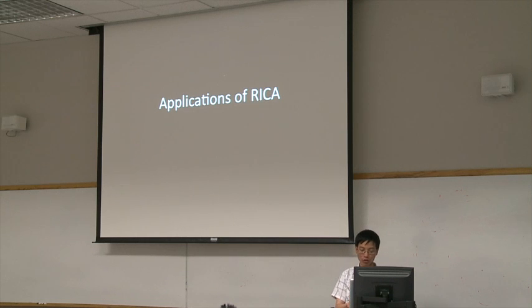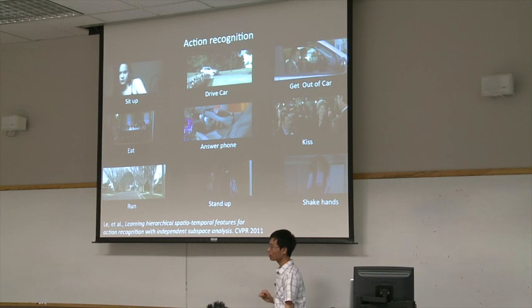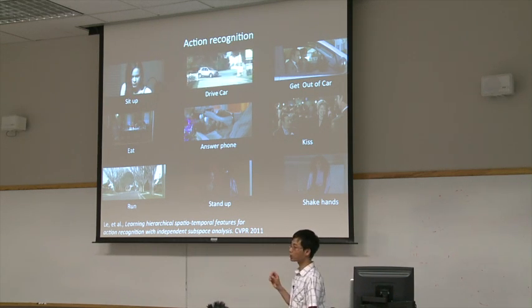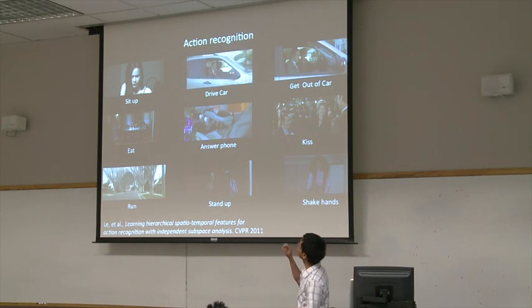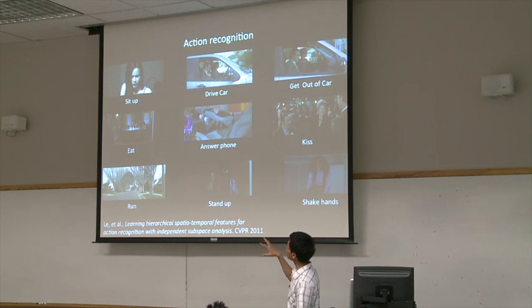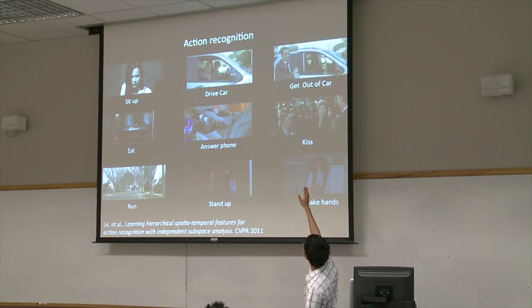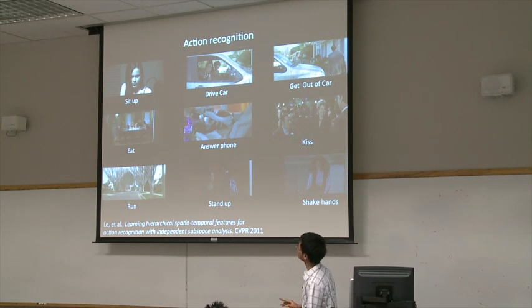In particular, in our CVPR 2011 paper, we show that the feature learning method can learn features from videos, and we want to apply this to action recognition in videos. For example, we want to detect whether that's an action of getting out of the car, and we want to learn features for that, for eating and so on.